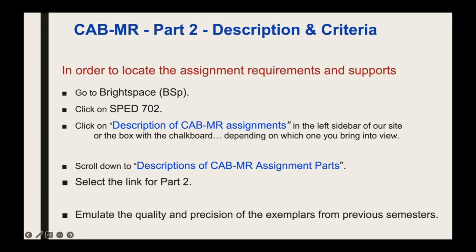Once you're inside that link, you'll scroll down to descriptions of the CAB MR assignment parts. You'll click on number 2, and there are also wonderful exemplars from previous semesters that will let you see high quality papers that have met the criteria here.